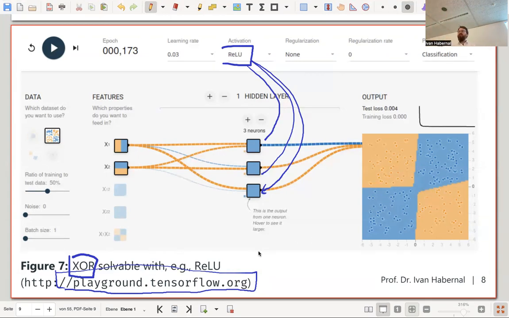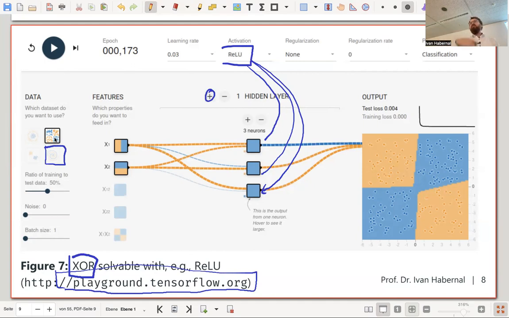Why is it called deep learning? Because we're going deeper in the network. So play around with this thing, and if you add more hidden layers, you will see how it learns different shapes of functions. And here you can also choose much more complicated data sets, like this one with two spirals of data inside each other, which is a complicated function to learn in the first place.